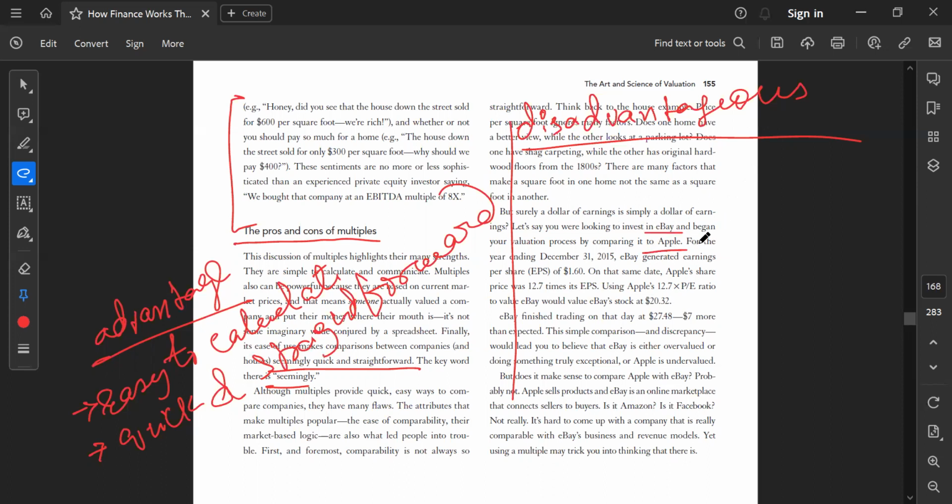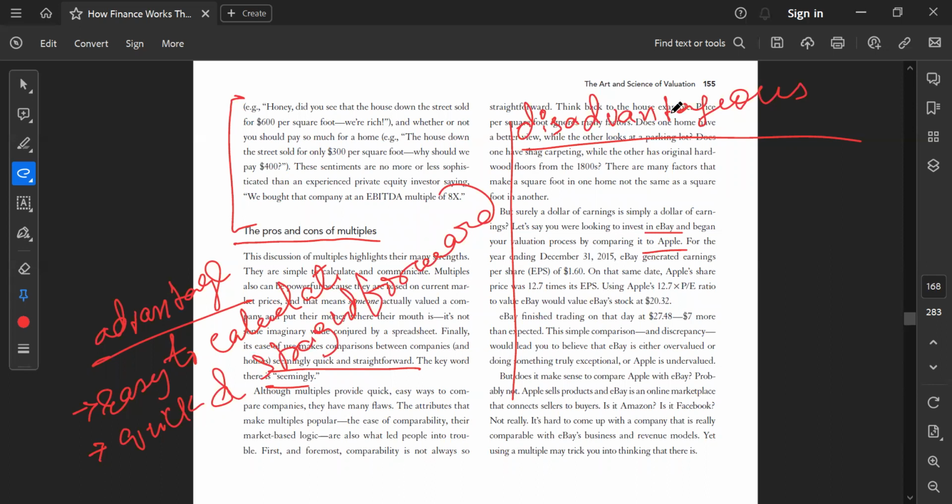First of all, if we were to value eBay and Apple, it will be measured in different parameters. eBay is a company that sells second-hand goods, but on the other hand, Apple sells its own manufactured goods. Okay, so the entire scenario will be different to value these two different companies.